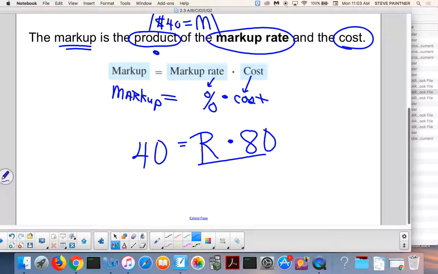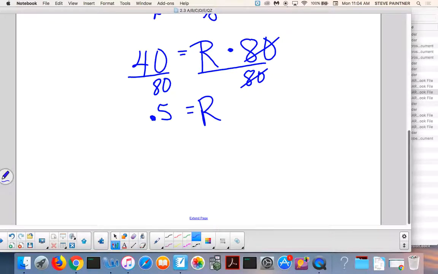Okay. So what's the markup rate? 40 divided by 80 is 0.5. Okay, 0.5. But now here's the problem. Every time you get an answer today, it is the markup rate, and the rate is a percentage.